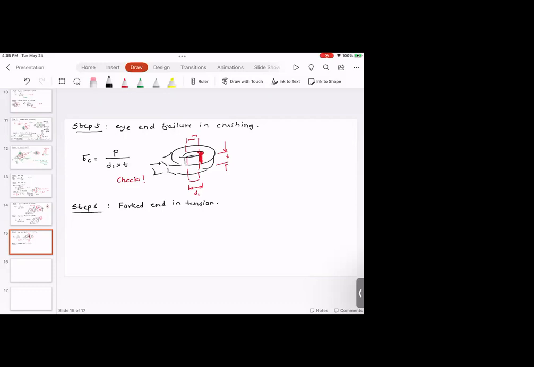Now, I want to ask you this simple question. For the knuckle joint, you have an eye end over here, and you have a forked end over here.